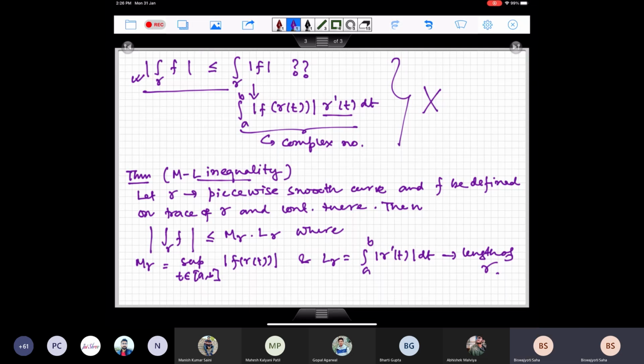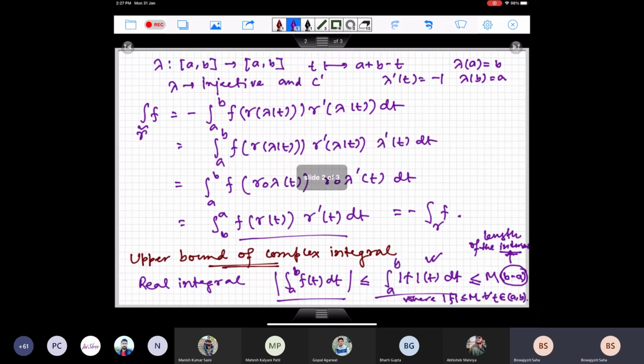Again, the proof is going to be very easy, but you need to remember that we are not supposed to write what I wrote in the beginning. That is a strict no, but we can get this particular bound: the integral of f over gamma is less than or equal to M gamma times L gamma, where M gamma is the supremum over all the functional values, and L gamma is the length of the curve. So this is called the ML inequality.